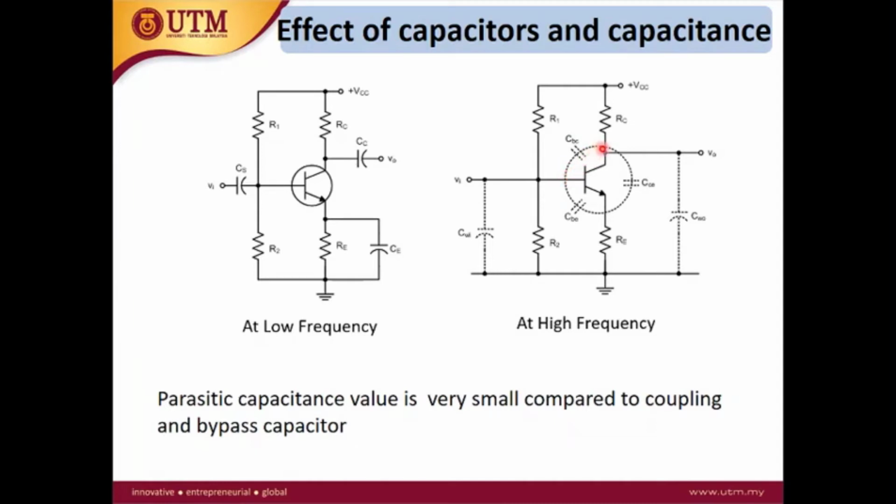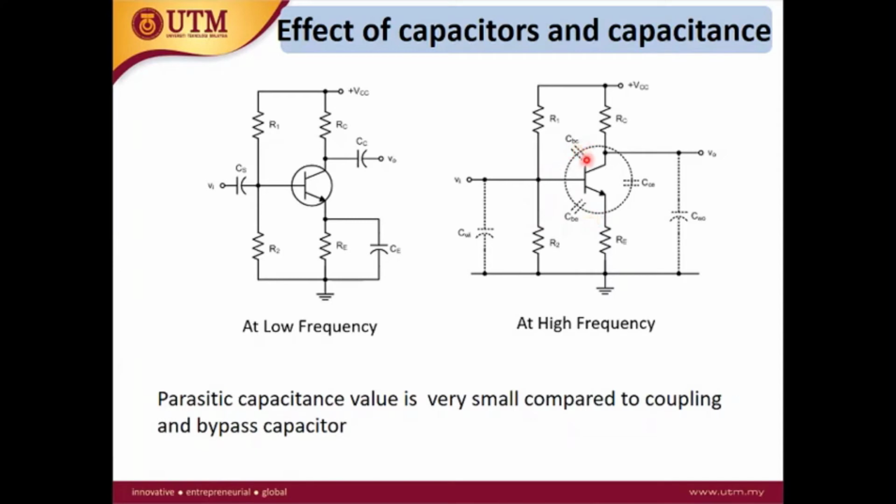So we have here CBC, the stray capacitance between the base and collector, and between collector and emitter we have CCE, and then we have CBE. So between the terminals of the BJT we have a stray or parasitic capacitance.